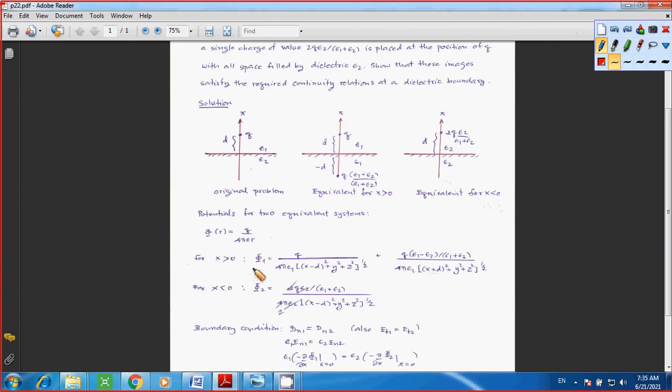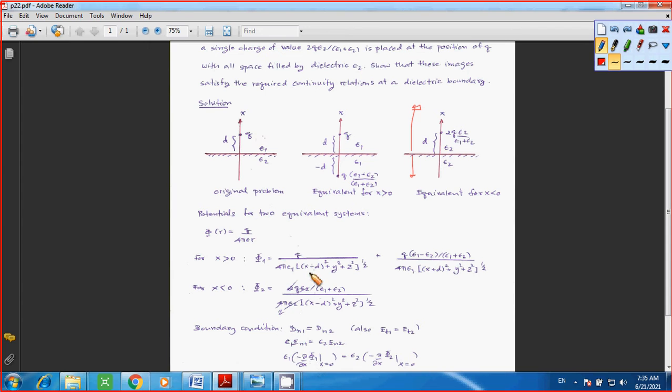So you have both phi 1 and phi 2 for x greater than 0 and x less than 0. So this one is x greater than 0, and this one x less than 0. And you apply the boundary condition dn1 equal to dn2, or D equal to epsilon E, and E equal to grad phi, right?